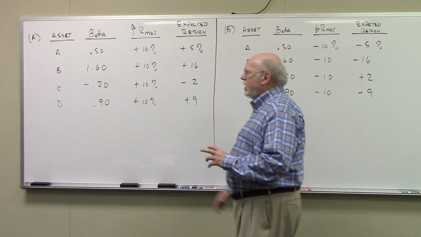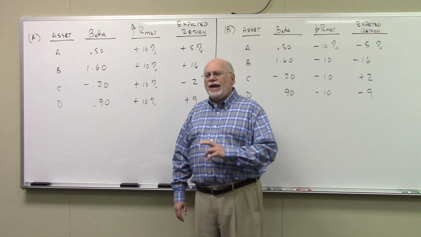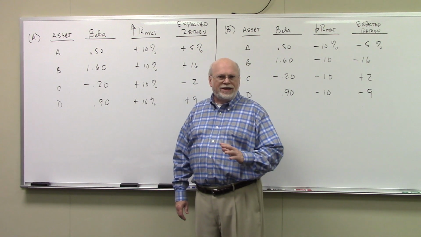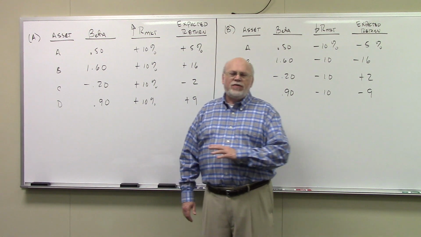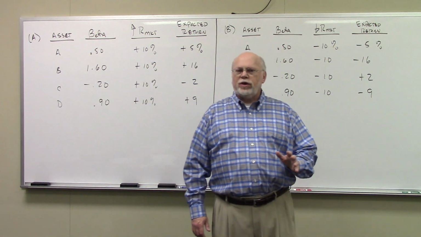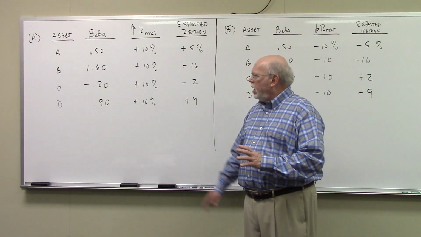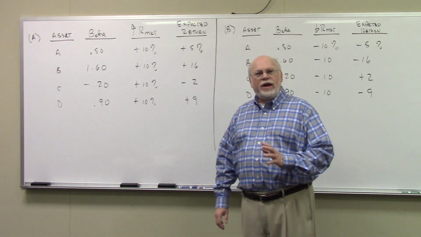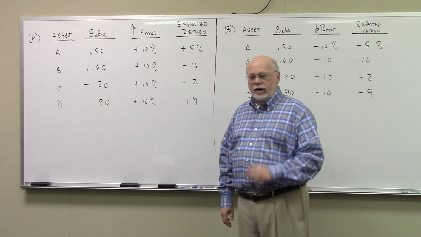Asset C has a negative beta. Just so you know, negative betas don't really exist in the markets. If they come around, they're kind of transitory in nature. But again, they give you a negative beta here. And the D part, 0.9, that's indeed taking on 90% of the risk of the market.